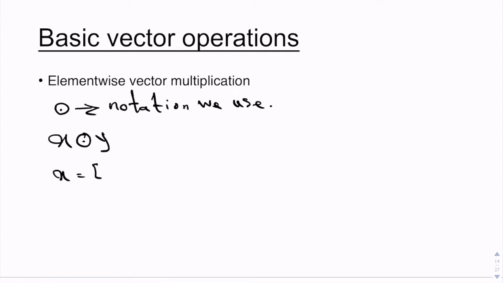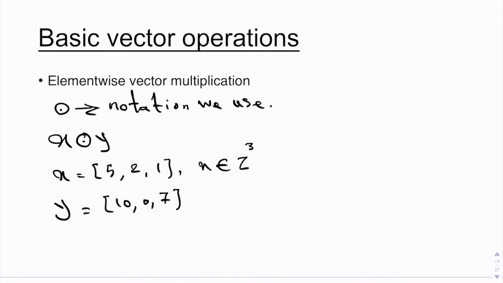But for the sake of simplicity, let's say this vector x is 5, 2, and 1, and we know that x belongs to the set of integer numbers, with dimension 3. Then we have another vector y, which is, let's say, 10, 0, and 7. y also belongs to the set of real numbers, dimension 3.